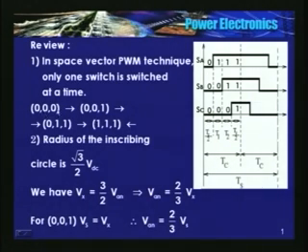See in this, it is 0, 0, 0 to 0, 0, 1, only one switch is switched. From there it is 0, 1, 1 and again 1, 1, 1, then again go back, same thing, whatever happens here, it happens in this fashion. So at any time only one switch is being switched.